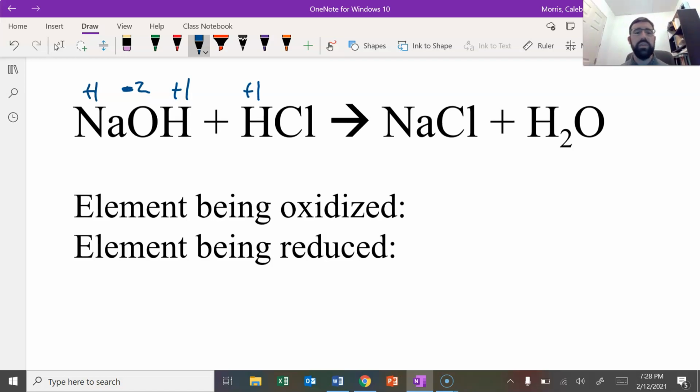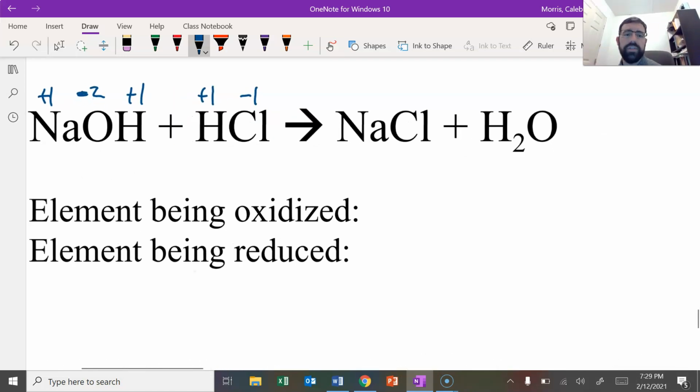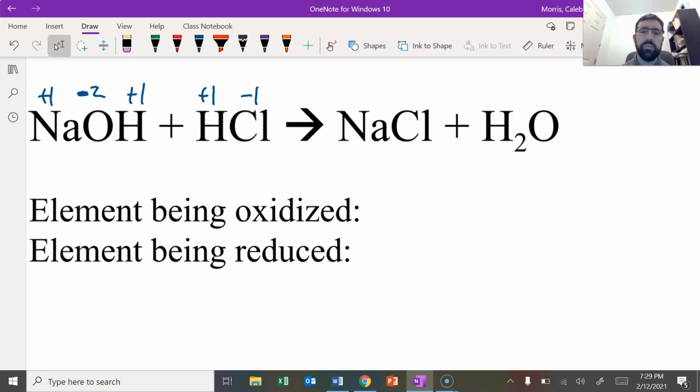Chlorine has to be -1 to make that neutral. Hopefully you can start to see those without having to do algebra on all of them, because sometimes they're fairly simple. Na is in group 1, it's +1. Cl is -1. And then oxygen again is -2, and over here hydrogen has to be +1, because if you multiply by 2, that's +2. They balance out to be 0.